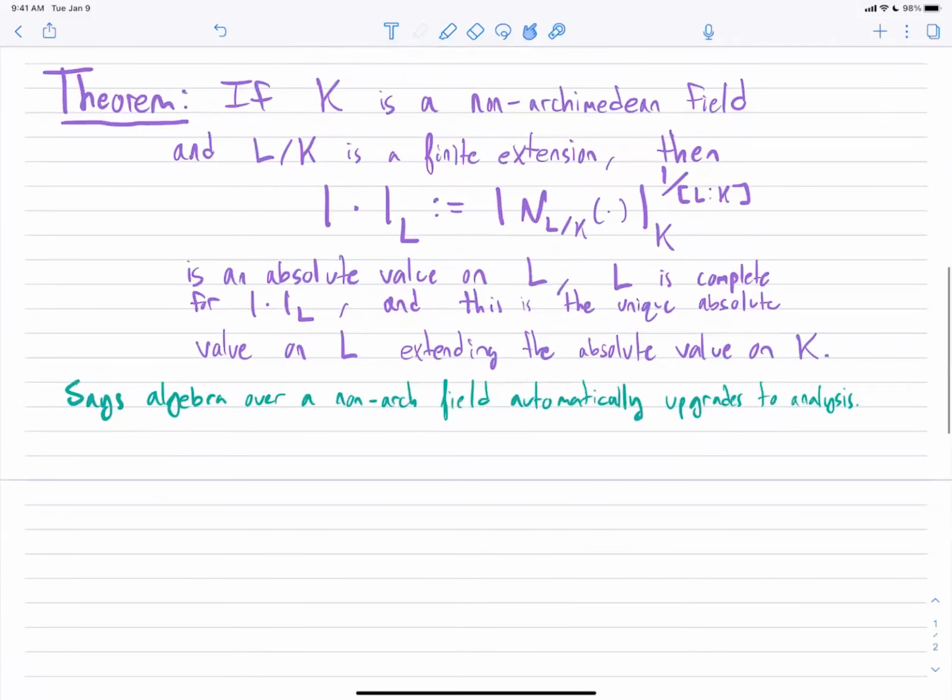Good. So here's one remark. Let me say another remark. This is also true for K Archimedean.